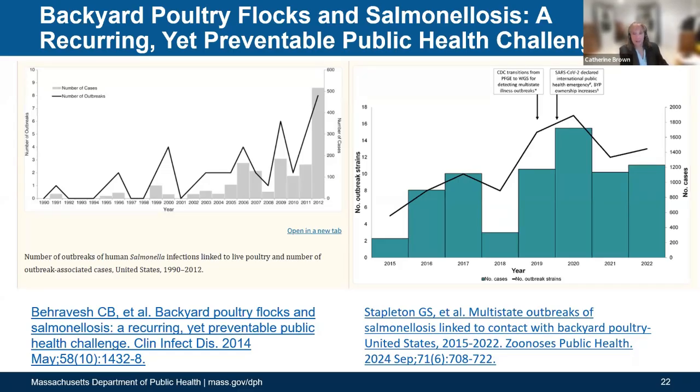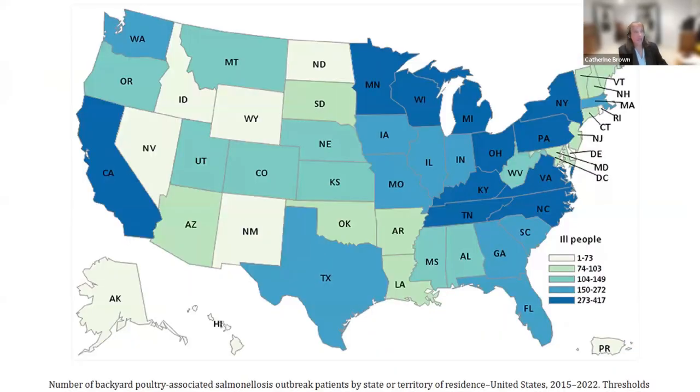So this is definitely something that we are seeing, an increase in salmonella related to owning backyard poultry. You can see this happened across the country. The darker the state, the more cases, but really it's happened everywhere.